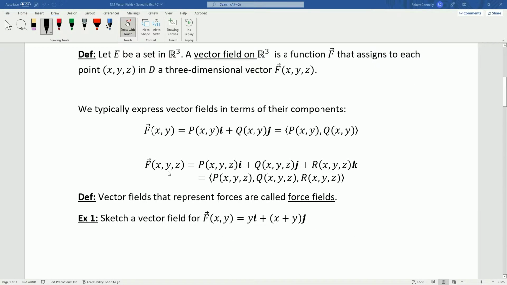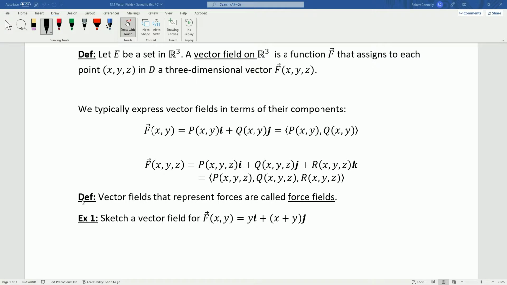Obviously, if we're talking about a three-dimensional vector field, we would just extend this in the natural way, adding a k coordinate here. So you get plus r of x, y, z k, and in angle bracket form, it's the vector of p, q, and r, respectively.